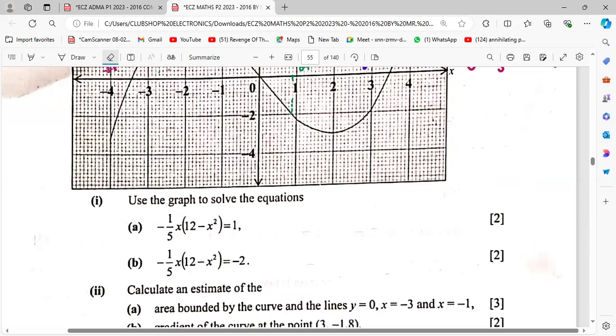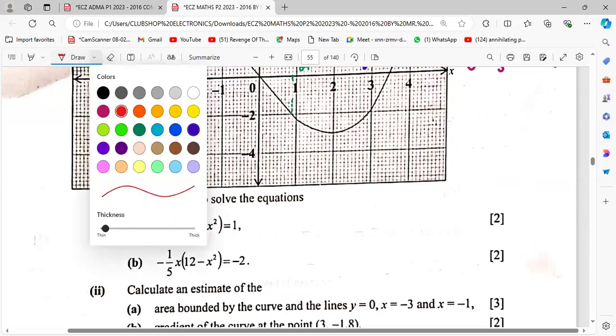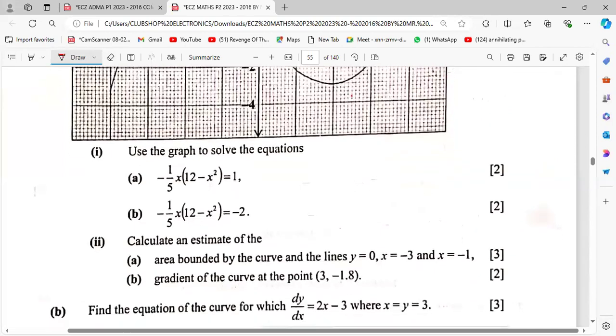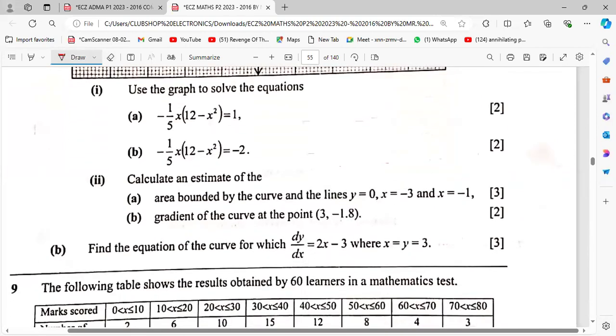Part 2 says, calculate an estimate of the area that is bounded by the curve, number 1, the first condition, and the lines, the second condition, y is equal to 0, the third condition, x is equal to -3, and x is equal to -1, the fourth condition.